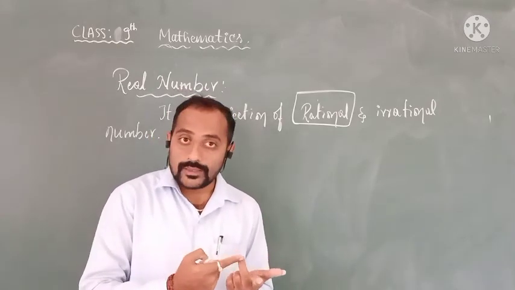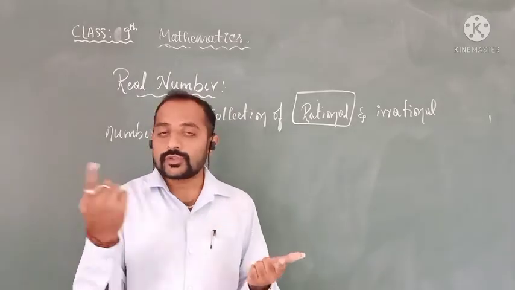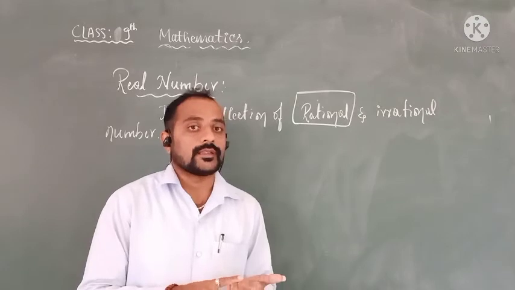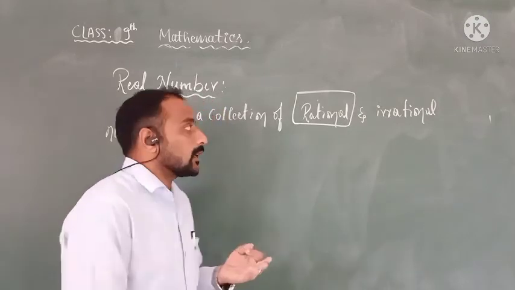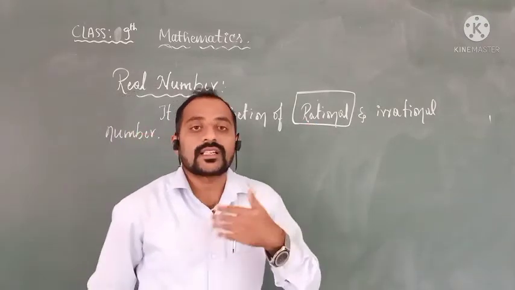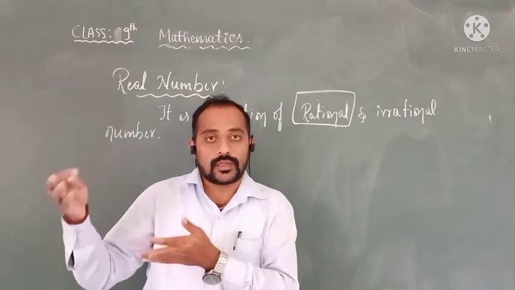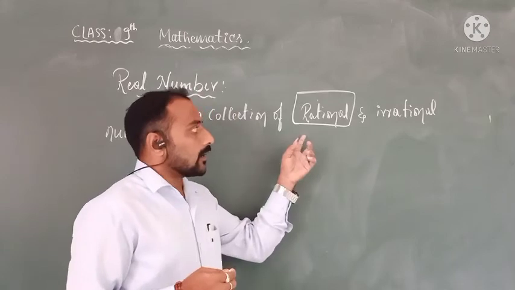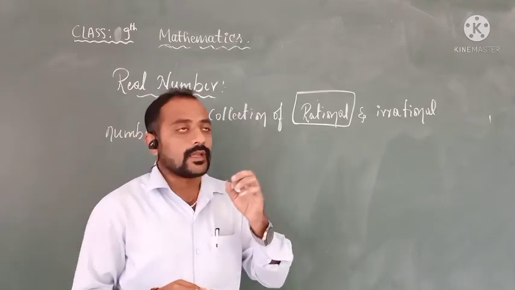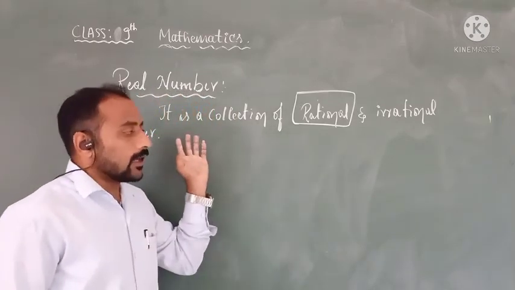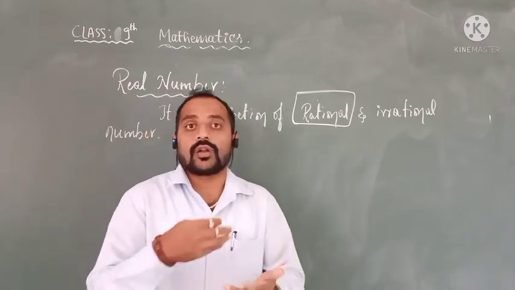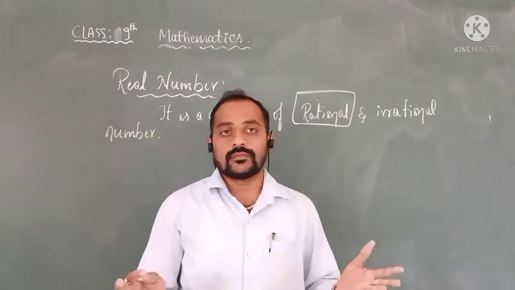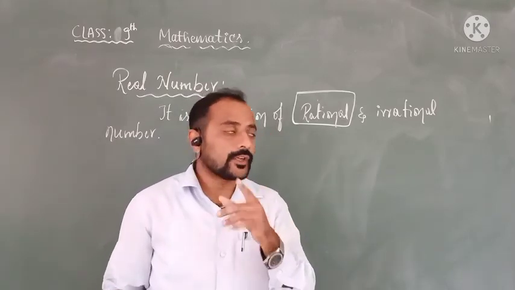All the integers: minus 1, minus 2, minus 3, 0, 1, 2, 3. Everything I can call rational right now. All these three come under rational, so does it require mentioning natural, whole and integers? That's why I said rational. So I don't need to say that it is a collection of natural numbers, whole numbers, integers, rationals and irrationals. So you got my point?